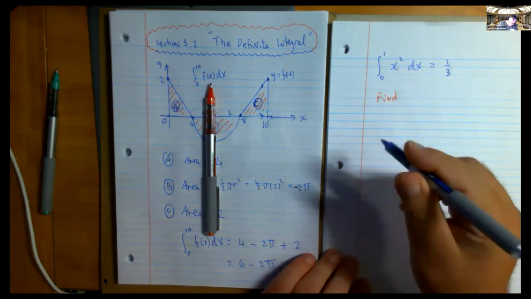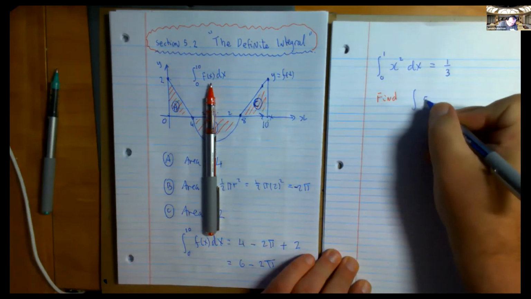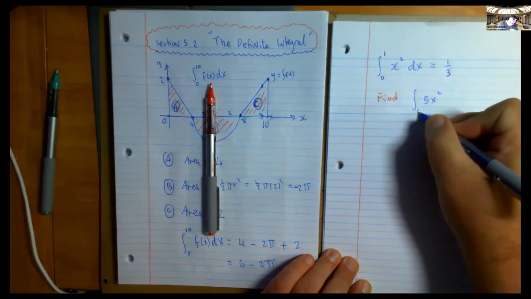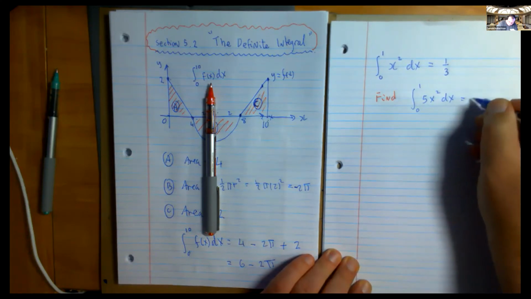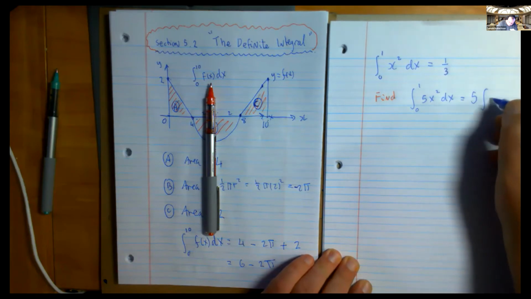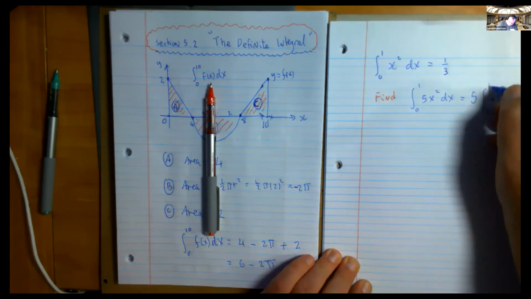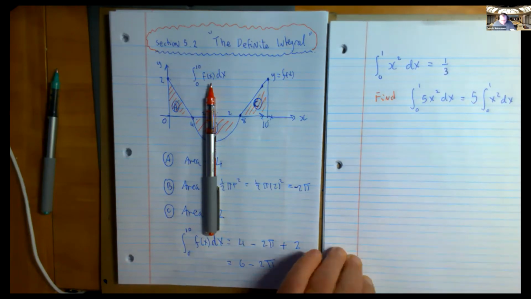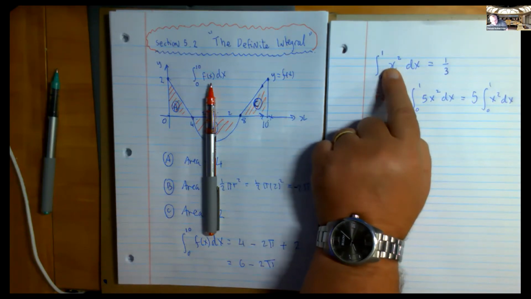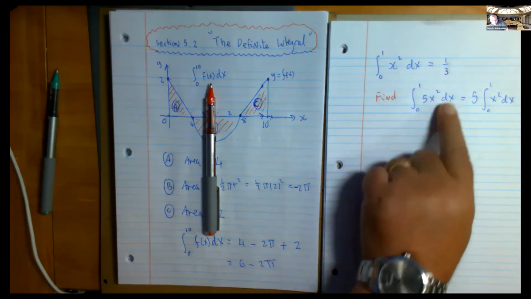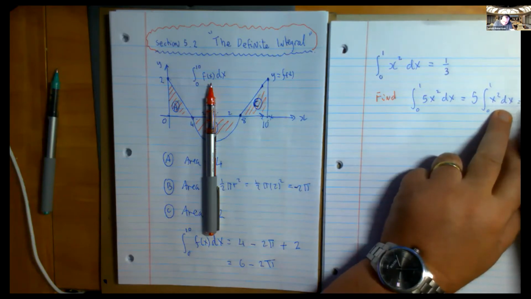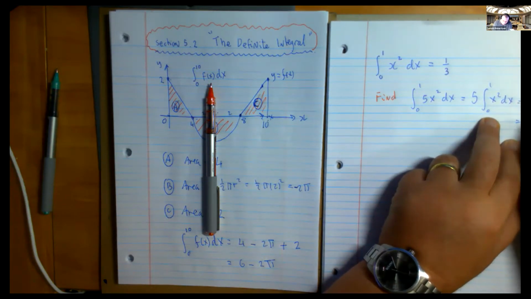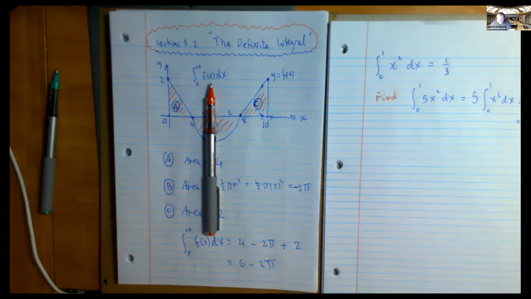For instance, I can use it to find that fella. And it's simply just this guy. So if the curve x squared has an area of a third, if you make it 5x squared, its area is going to be 5 times a third. Its area is going to be 5/3.